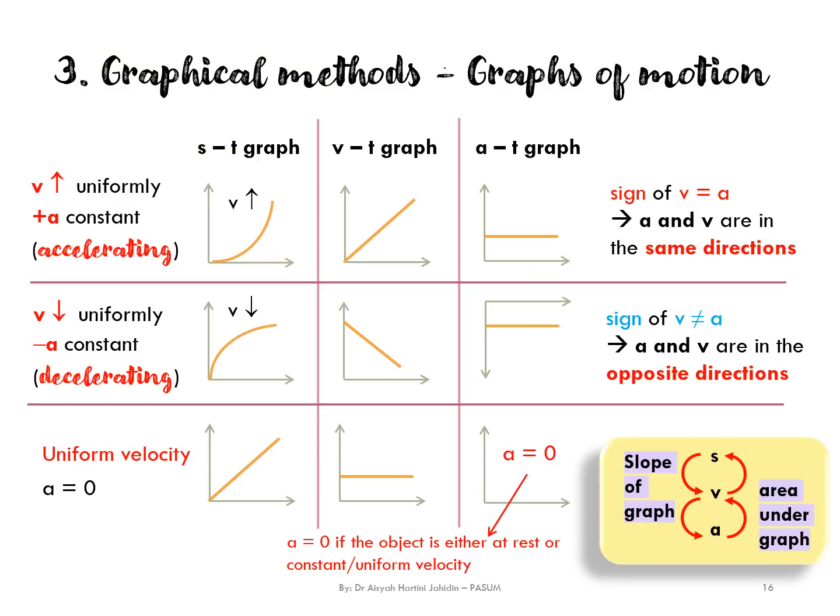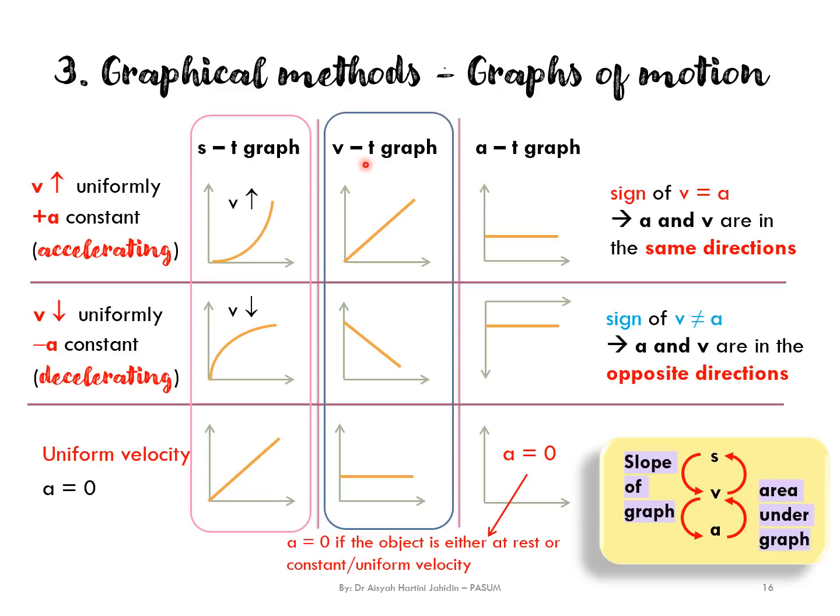The characteristics of the motion can be represented using graphical methods: the position versus time, velocity versus time, and acceleration versus time graphs. For the first case, if the velocity of the object is increasing uniformly, it means that the object is accelerating.